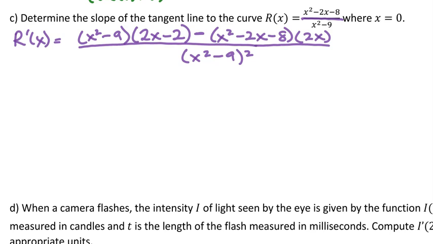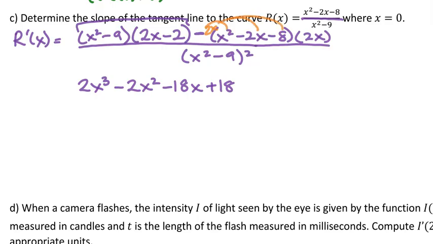So the first set of parentheses here, I'm going to FOIL that out. So I see a 2x cubed minus 2x squared from the outside, minus 18x from the inside, plus 18 from the last. After the minus sign, I'm thinking distribute in, but be careful, you want to distribute in the minus and the 2x.